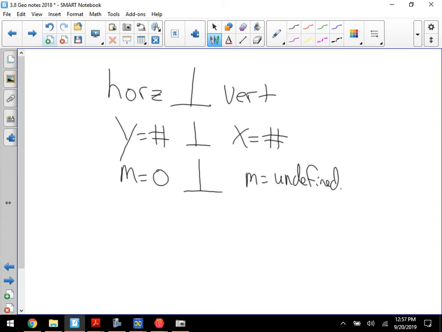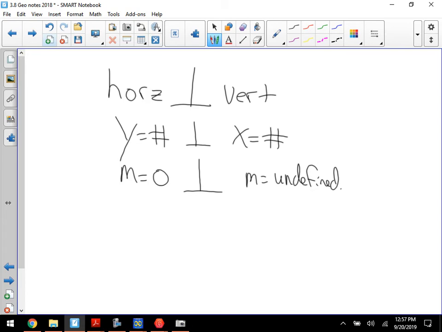So y equals a number is perpendicular to x equals a number. And then just one quick reminder, this can be flip-flopped. Vertical is perpendicular to horizontal. You can say it either way, it means the same thing. But you just don't write it out that fourth way.